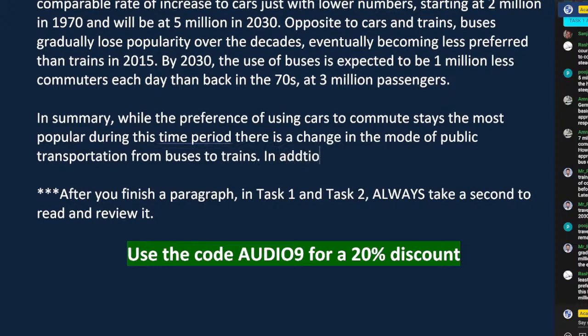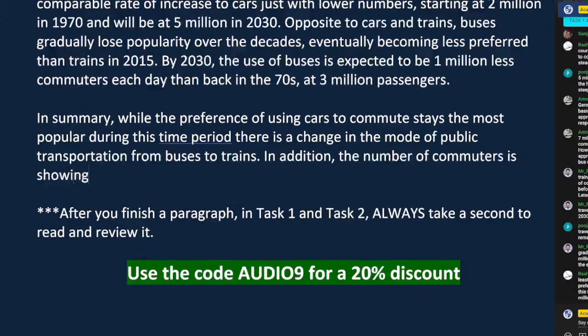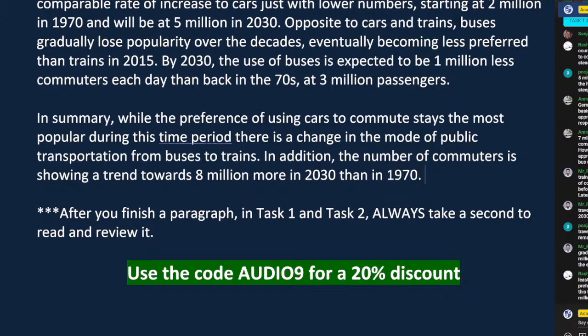In addition, the number of commuters is showing a trend towards 8 million more in 2030 than in 1970.